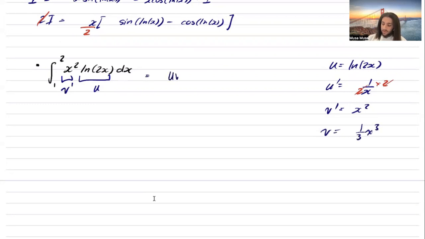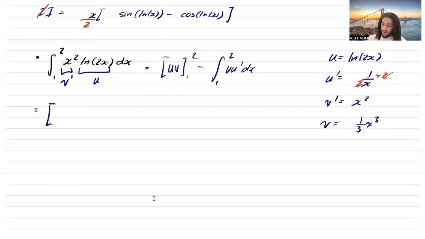So this becomes uv minus the integral of v u dash from 1 to 2. Subbing in everything we know, we have a third of x cubed ln of 2x from 1 to 2, minus, and then I could take that third out already, v is x cubed times u dash is 1 on x dx.